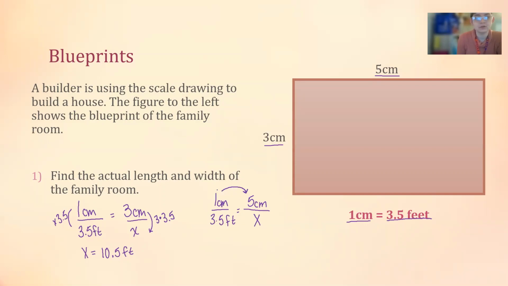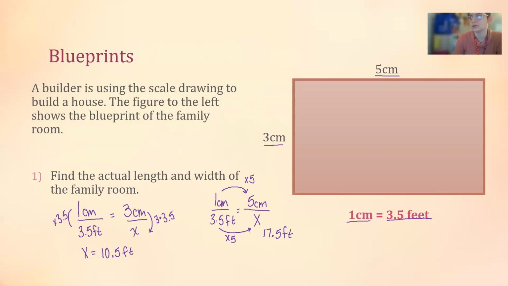And I see I can change 1 centimeter into 5 centimeters by multiplying times 5. I'm going to do that with my denominator. I'm going to multiply it times 5, and I get the actual length of the room, which is 3.5 times 5, and that gives me, let me do some quick calculations, 17.5 feet is the actual length.